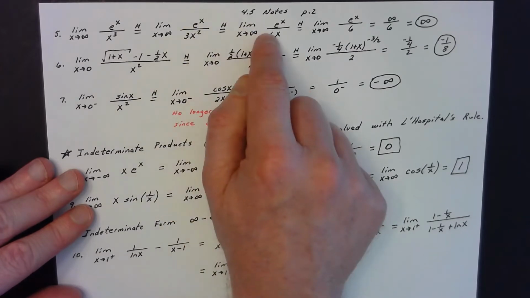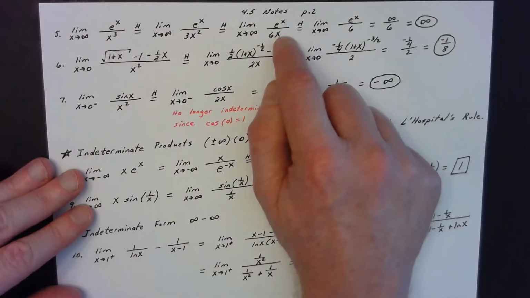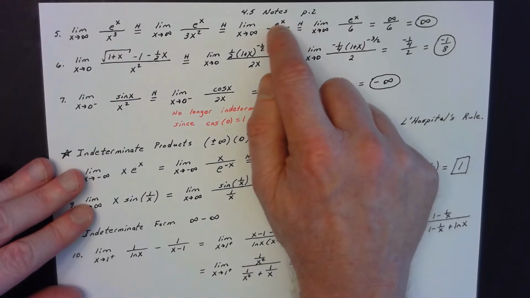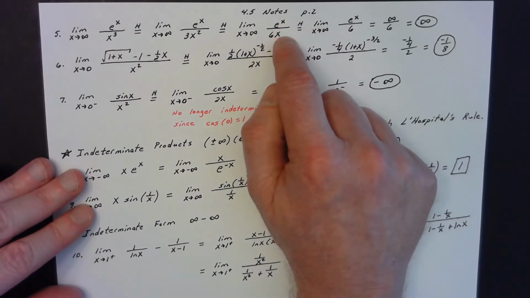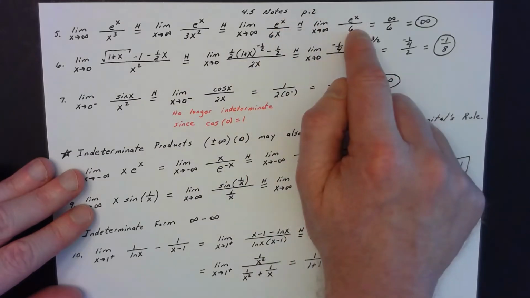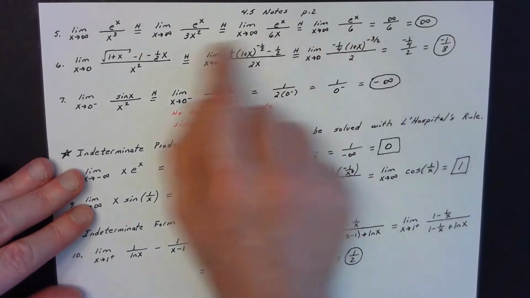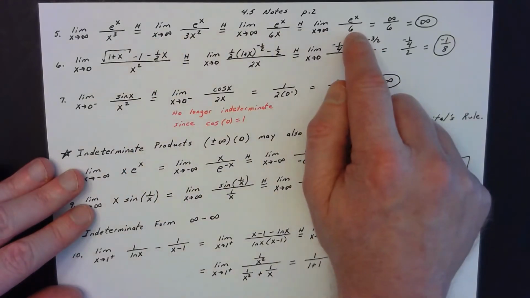So I would take the derivative again and get e to the x over 6x. That's e to the infinity over 6 times infinity, still infinity over infinity. So I would use L'Hopital again and say, well, your numerator's not going anywhere. But now, after 3 uses of L'Hopital, your denominator's just a 6.